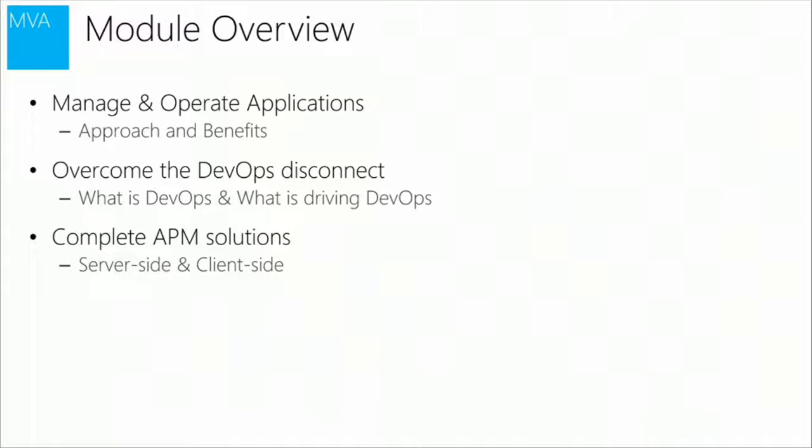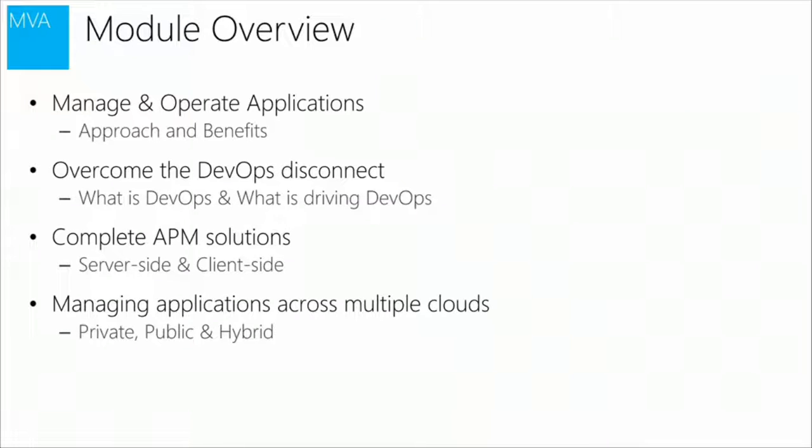The third component will actually allow us to look at a complete APM solution and allow us to think about the server side and client side perspectives when we start to monitor applications. The fourth component in this module will allow us to start to think about the real world, managing the monitoring of applications across multiple cloud scenarios, whether you be in a private cloud, possibly leveraging public cloud, or stretching across both in a hybrid cloud scenario.